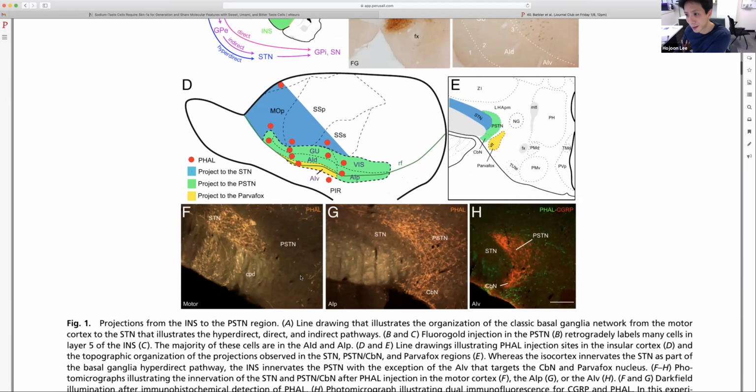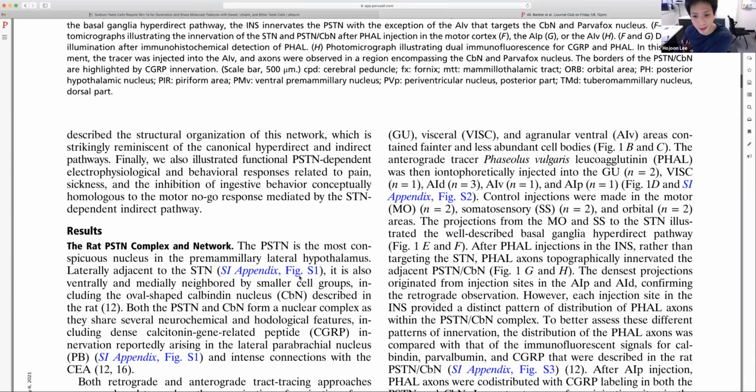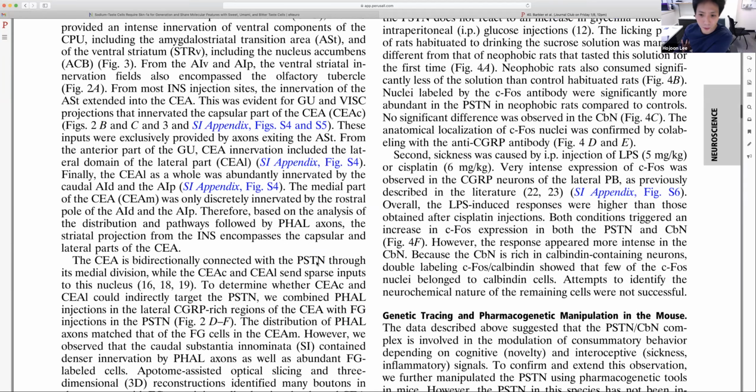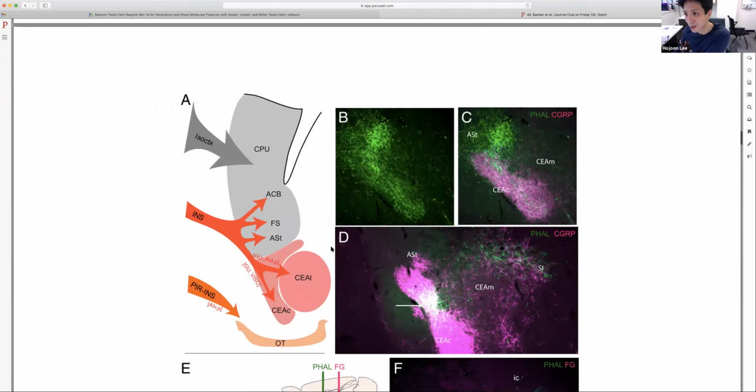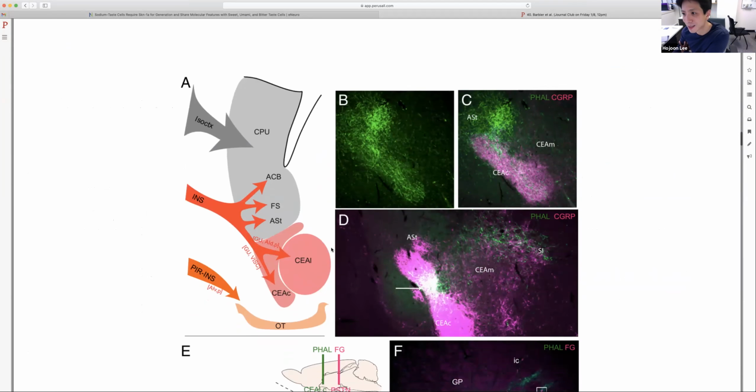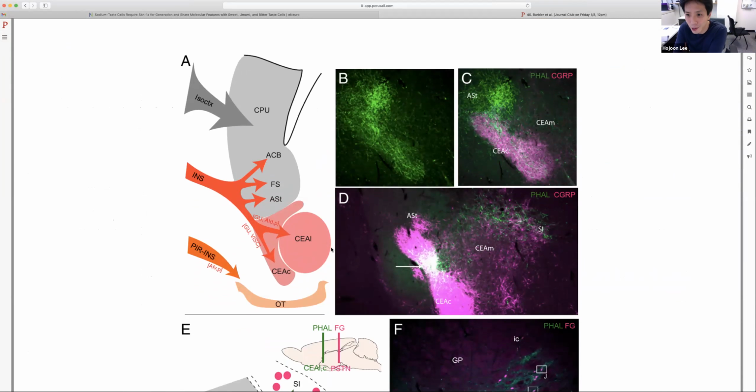The gustatory center. So for people in this lab, that's interesting because that would be the taste cortex, right? So they inject in the GU. And there were projections into the CEA of PHAL, which is due to axons directly exiting the AST.